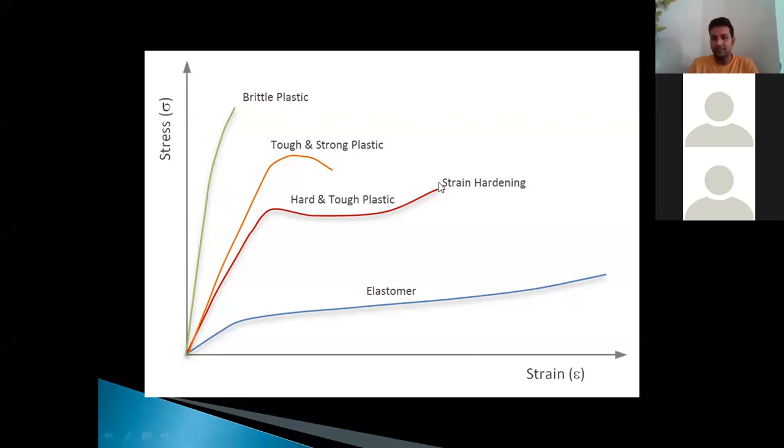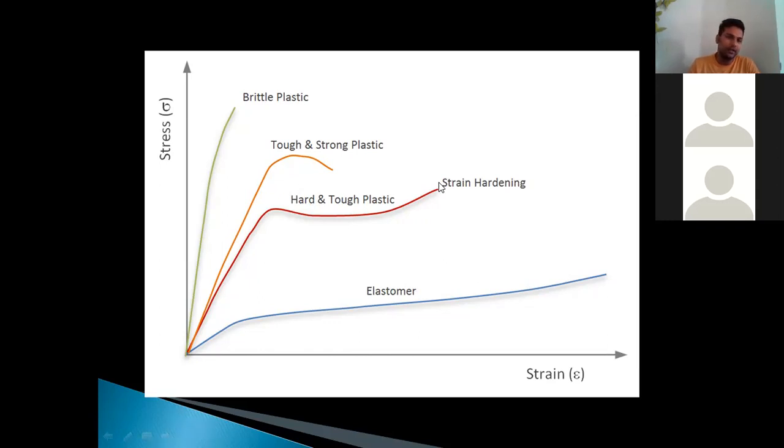The first graph you can see is a brittle plastic, where the material is less elastic and much more plastic in nature. Hence, on application of stress, it will of course break down easily. Then the tough and strong plastic, where you can see how the graph is.